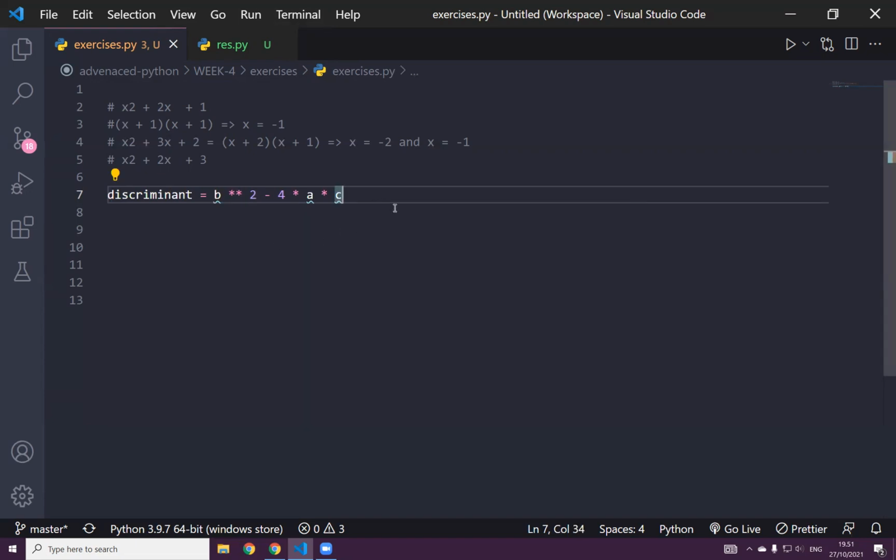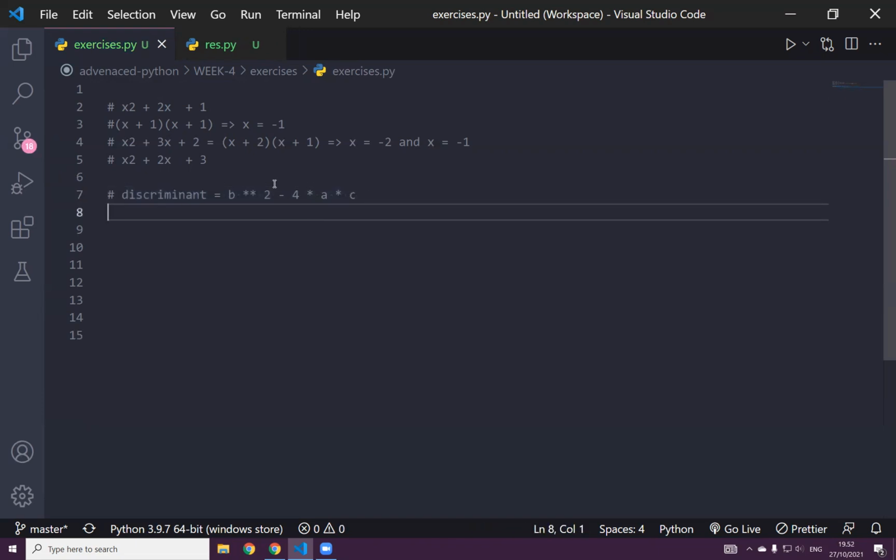Let's see what's the value for this. Let's check. We follow this pattern as I showed you.